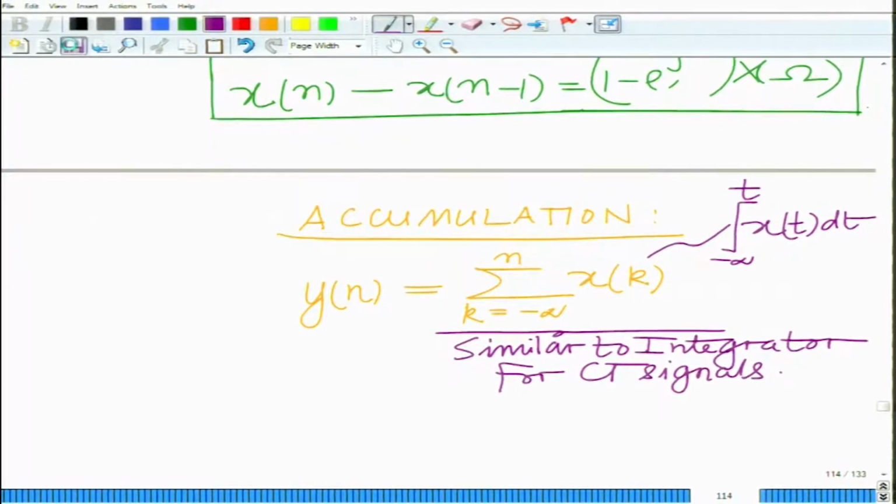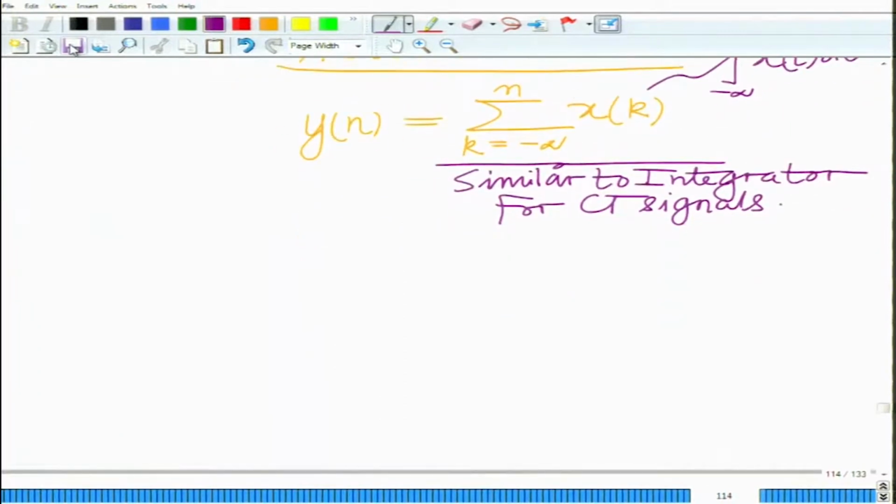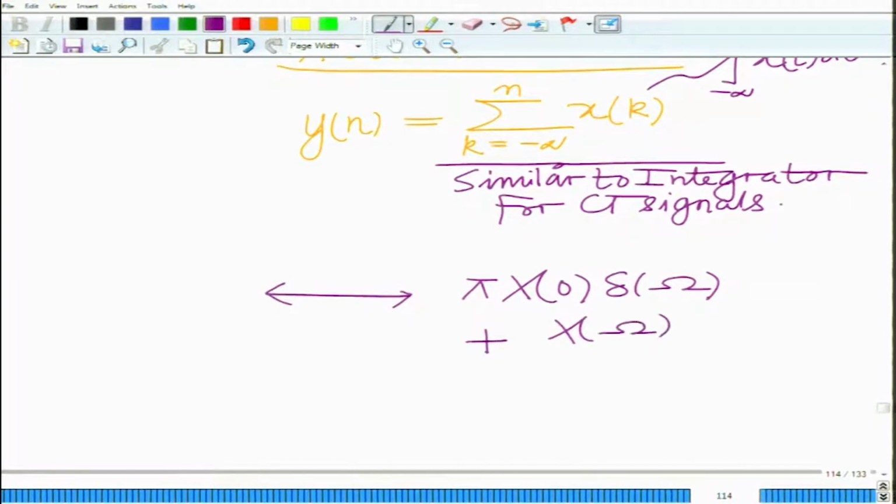Similar to the integrator for continuous time signals. Now, the Fourier transform of this is given as pi X(0) delta(omega) plus X(omega) over 1 minus e raised to minus j omega.